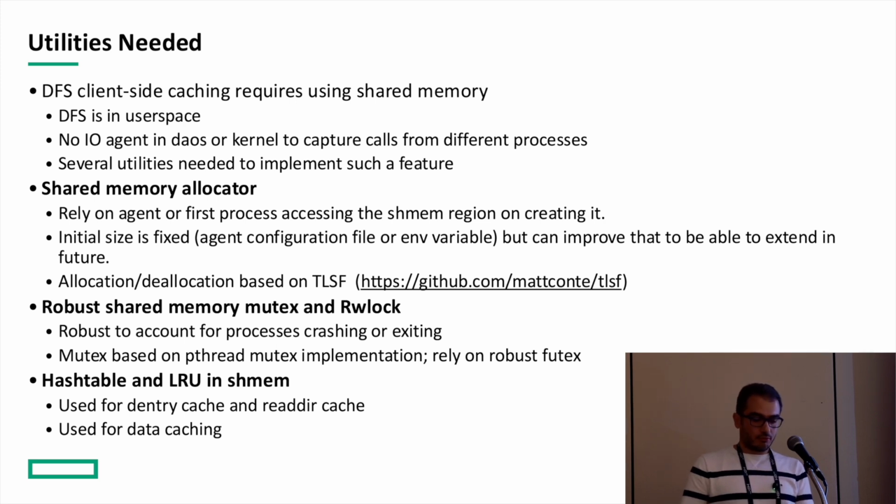The initial size of that cache will be fixed, but we can work on improving that and making it extendable later. The second thing we need is a shared memory mutex and read-write lock. We need a robust mutex, of course, because processes can go away or crash anytime without releasing the lock, so that has to be properly implemented.